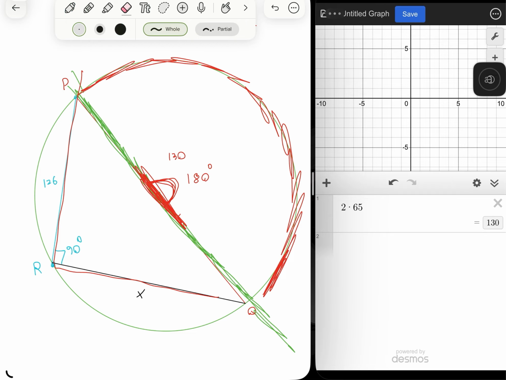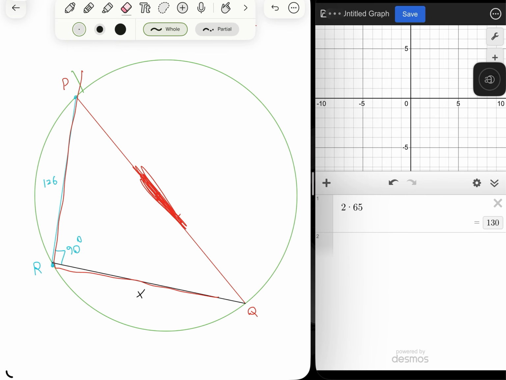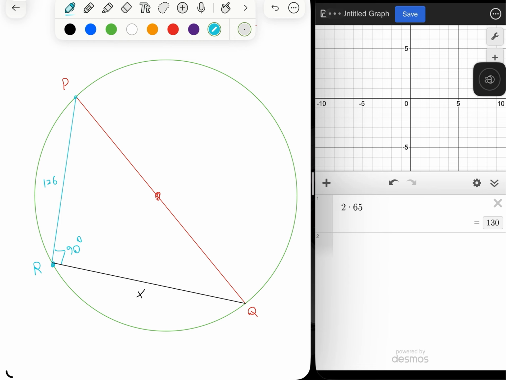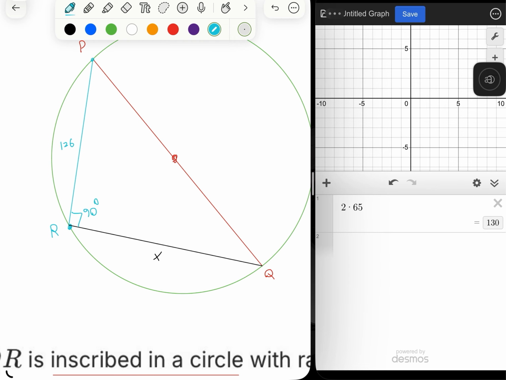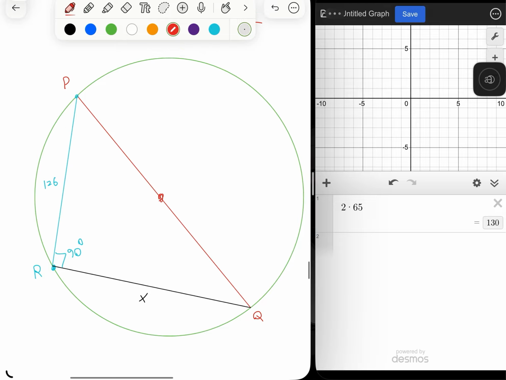Now that we've leveraged that fact, we can go ahead and solve for the missing side, because now we know this is a right triangle. How do you find x? We'll use the Pythagorean theorem. Once again, this side is 130.